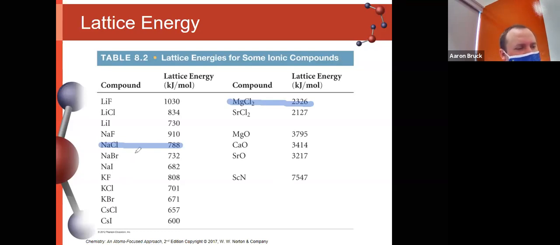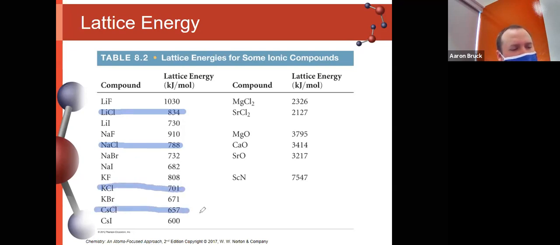If I compare sizes, keeping a look at my sodium chloride, I can compare it to lithium chloride and potassium chloride and cesium chloride. Chloride ions are the same in each of them. Charges are the same in each of them.